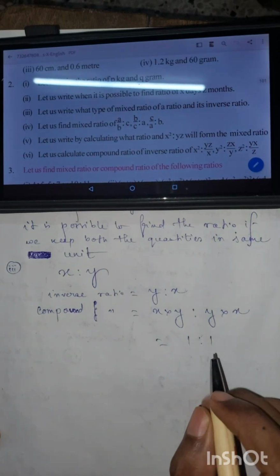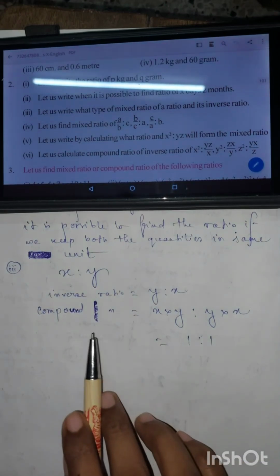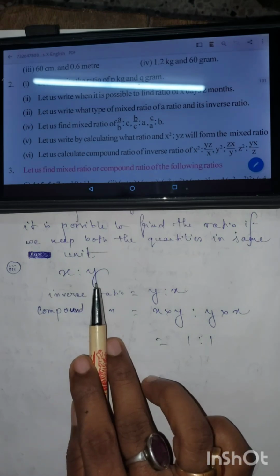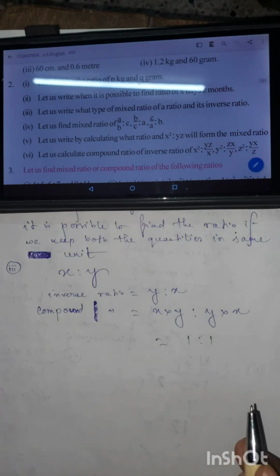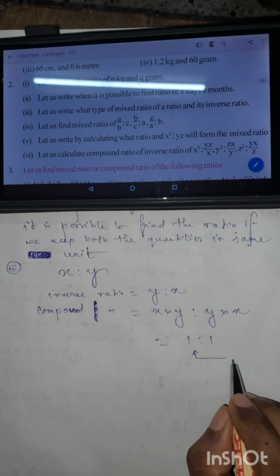So the compound ratio of a given ratio and its inverse ratio is always a ratio of equality.